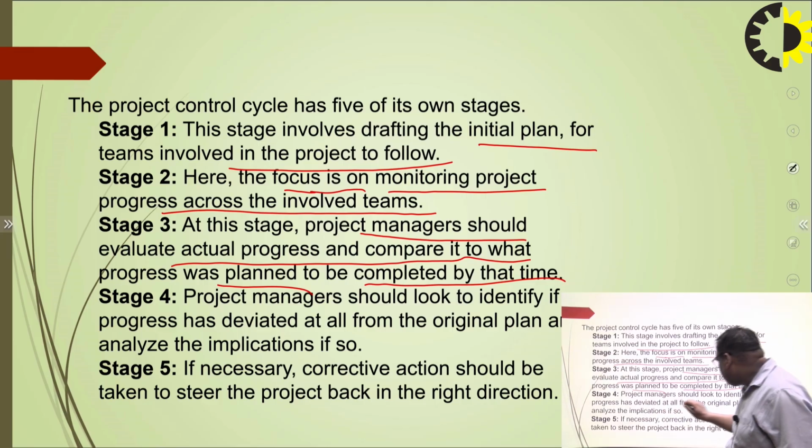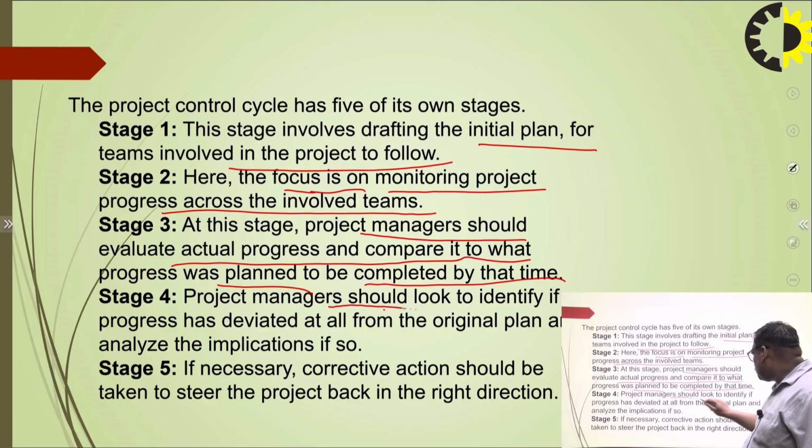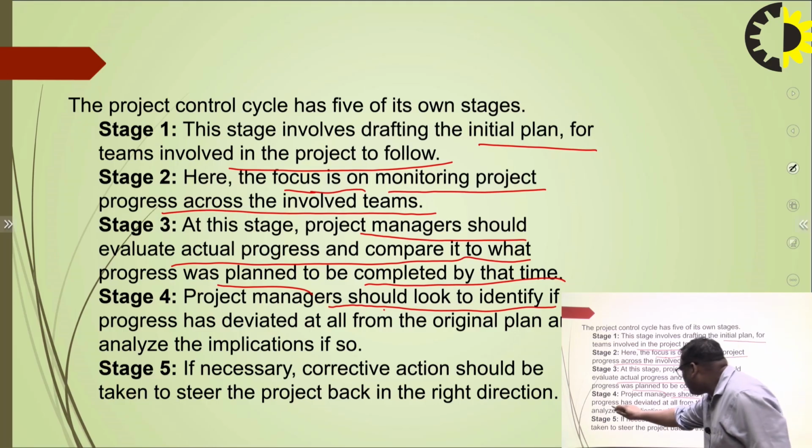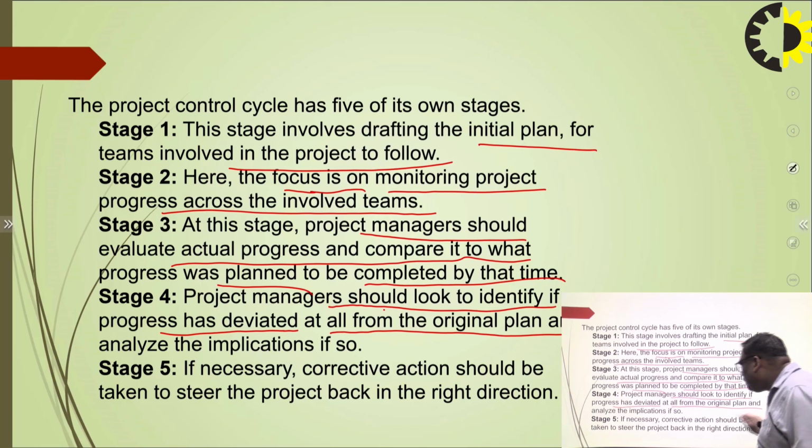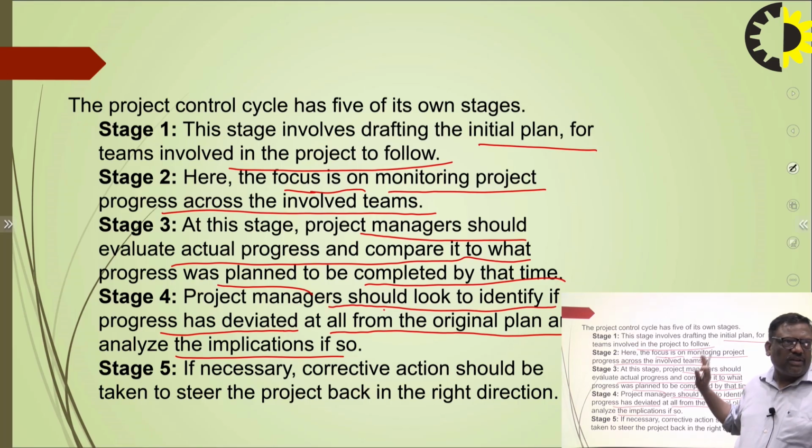The fourth is that managers should identify whether the process has deviated from the original plan, and analyze the implication of it, and how much percentage we deviated. And the fifth is that corrective actions are required here. So these are the 5 stages of the control cycle.